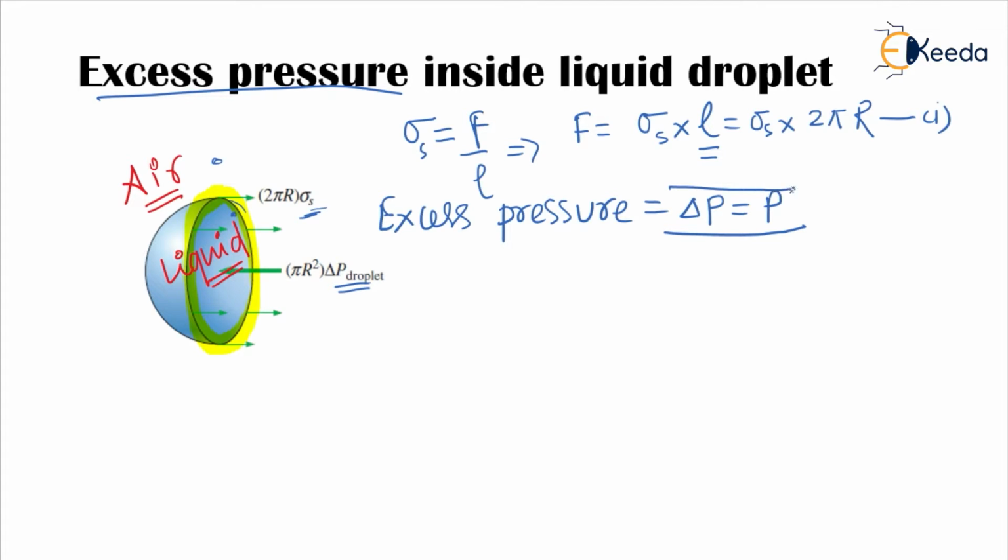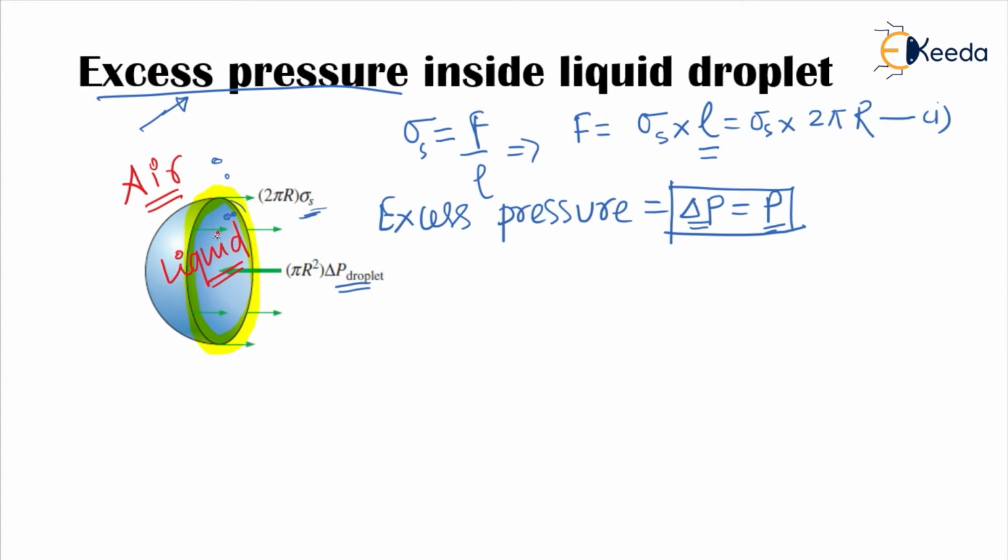Some books show delta P and some books show P, because in the statement they have already mentioned this is excess pressure. That means it is the pressure difference they are referring to: the pressure difference inside this droplet and outside this droplet.